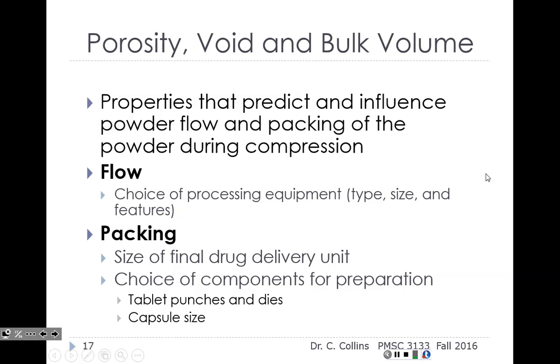For human pharmaceuticals, how many different capsule sizes do we typically have to choose from? Let's get a little ahead of ourselves, but just see what you know to start with. How many? Who thinks 2? About 3. 4?